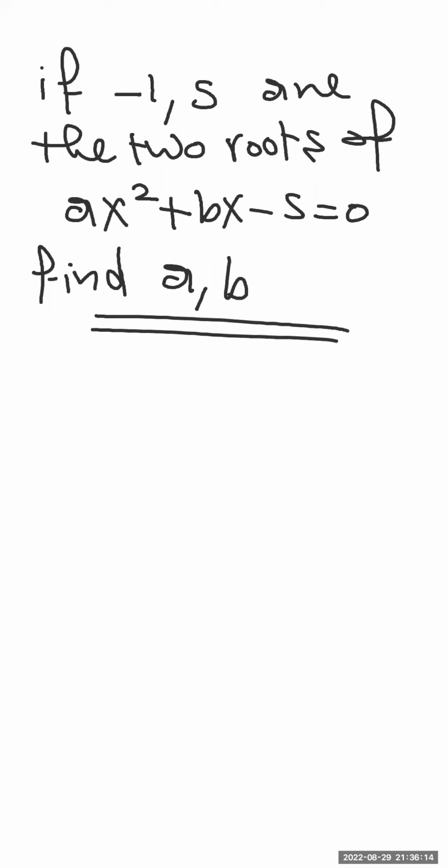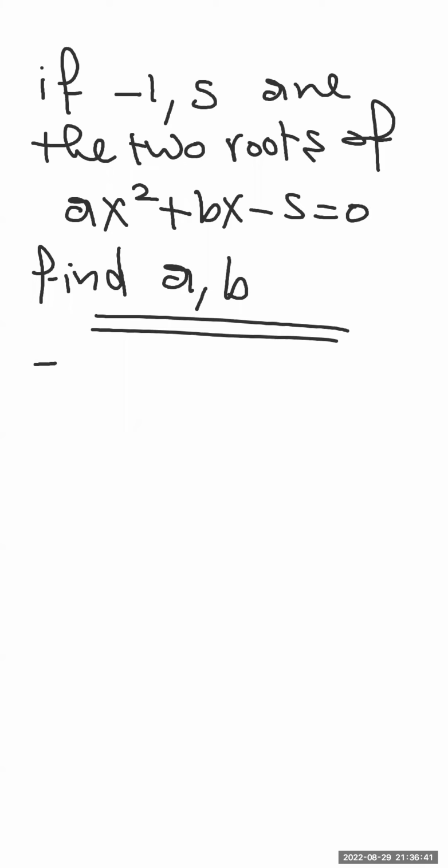Actually, here there are two methods of solution. The first one is to substitute with the value of the two roots. I mean that first time I will use the negative 1 to get one equation, and second time I'm going to use the second root, which is 5, to get another equation and solve the two equations like this.